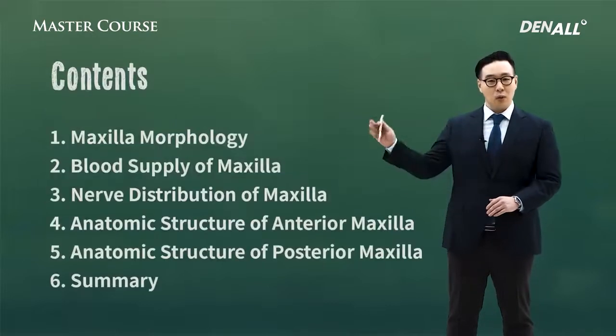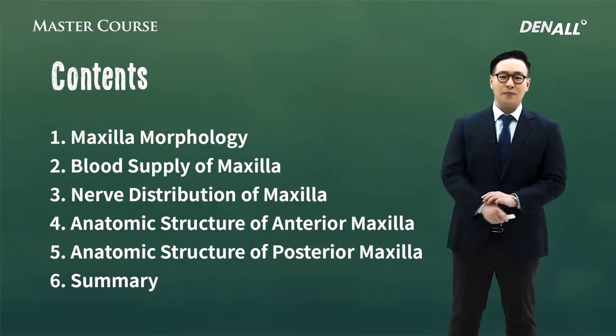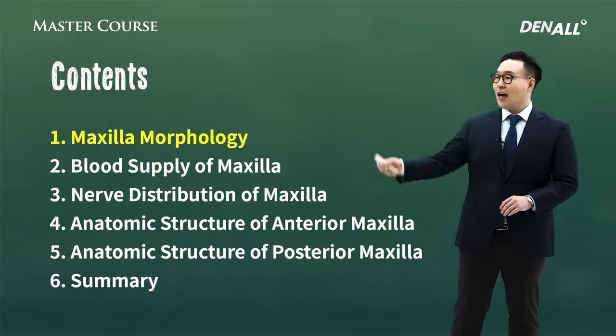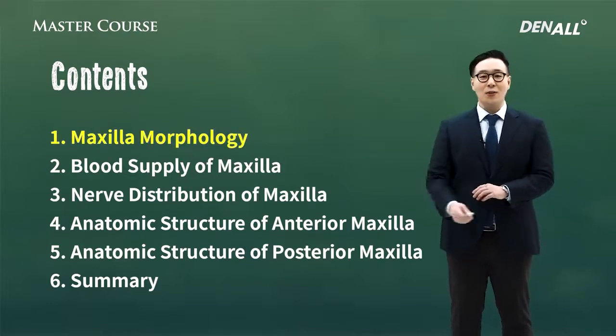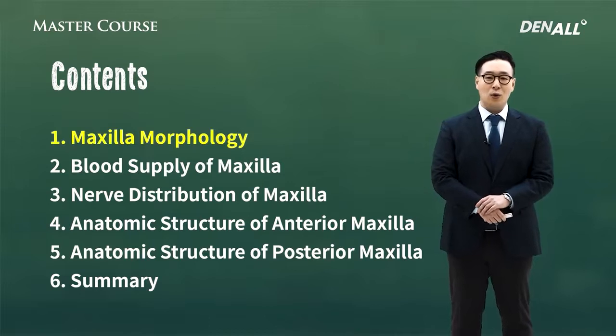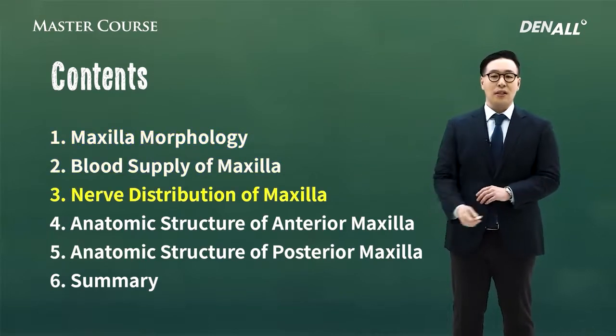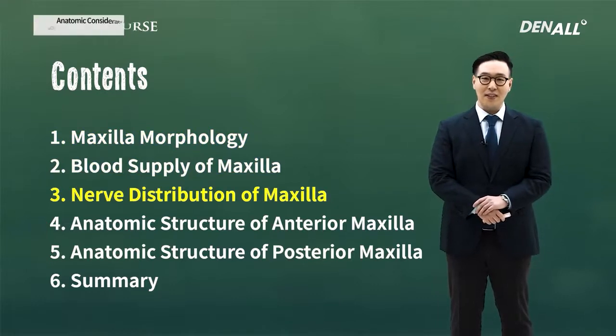So this is what I'm going to cover. I'm going to first start by looking at the maxilla morphology. Then I'm going to talk about the blood supply and nerve distribution of the maxillary side.